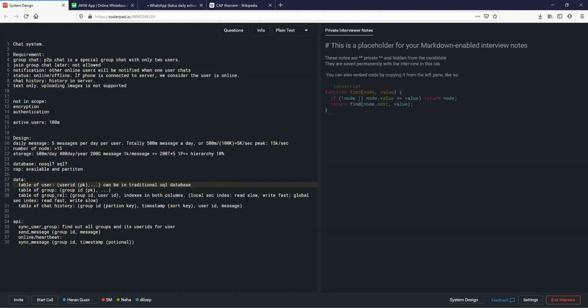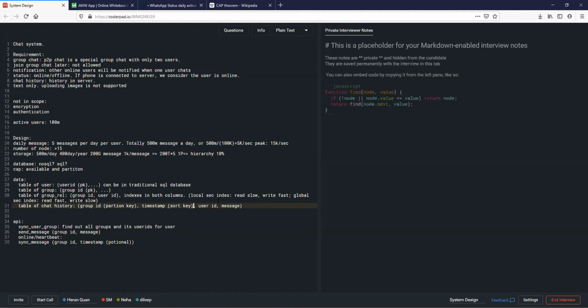What I thought is that NoSQL would fit because we might have queries like fetch the latest 10 messages for that group ID, or let's say 50 messages for that group ID. So we have a range query. Since we are storing our chat history table based on timestamp, the majority of our queries will be like give me the last 50 messages of that group.